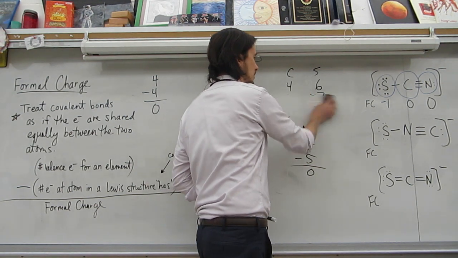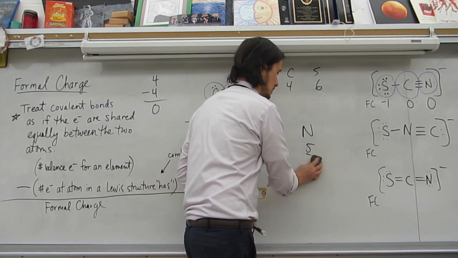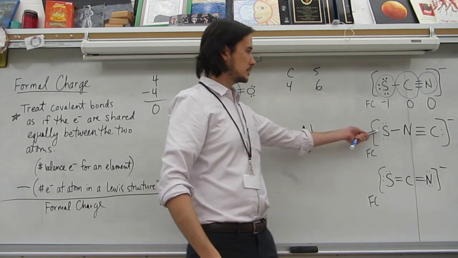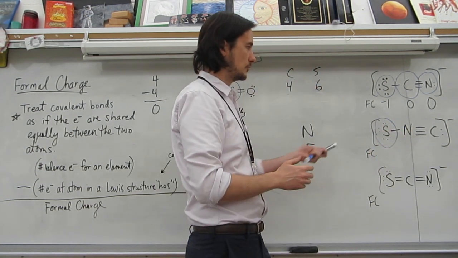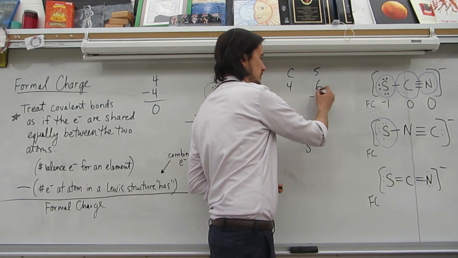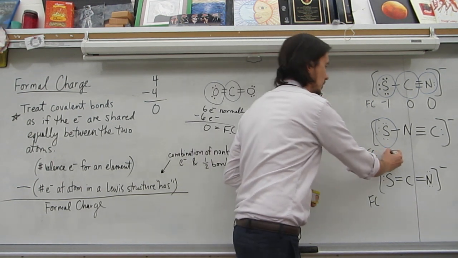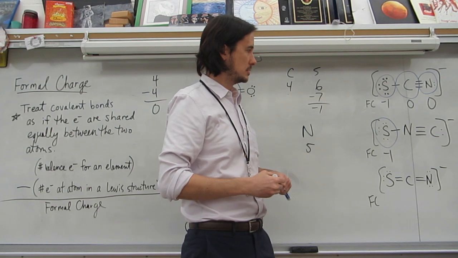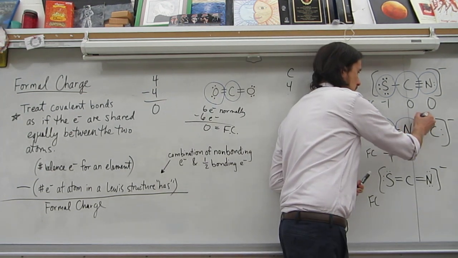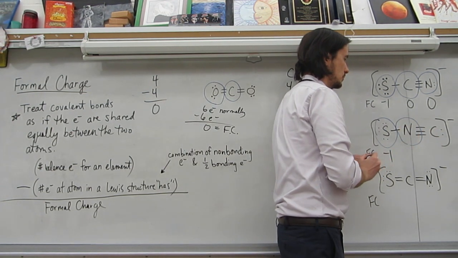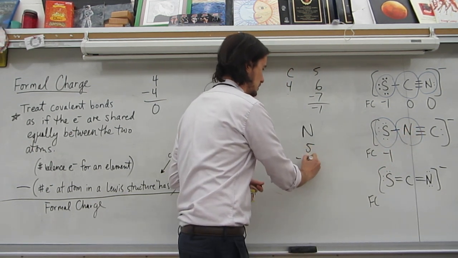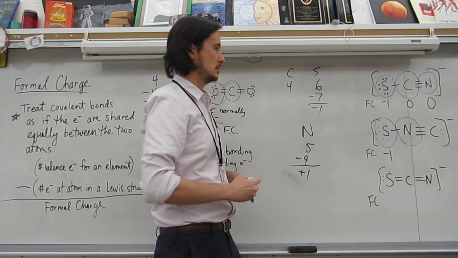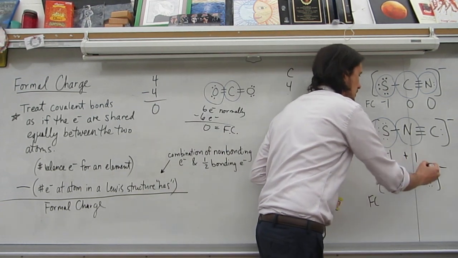So those are the formal charges for the first ion. I'm going to get rid of these. We'll look at some more. Sulfur, once again, has 7, so it goes -1. Nitrogen, there's 1, 2, 3, 4 electrons. That's +1.